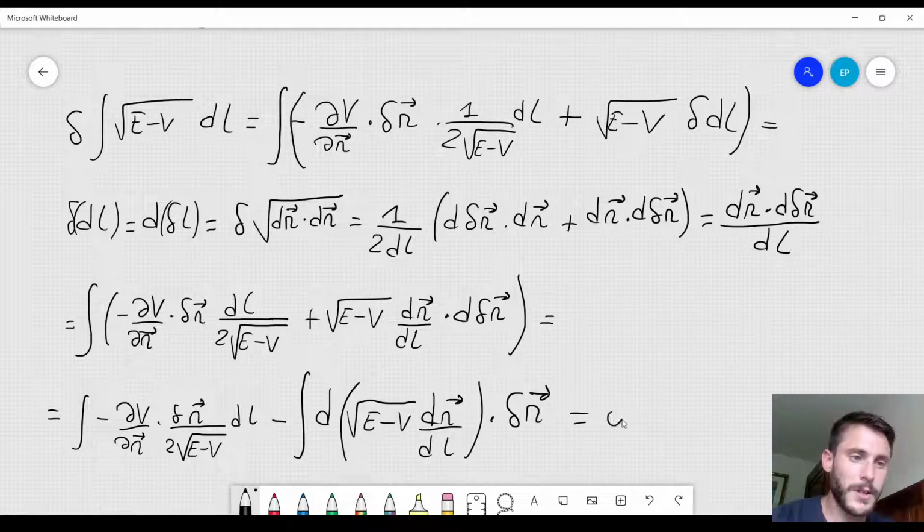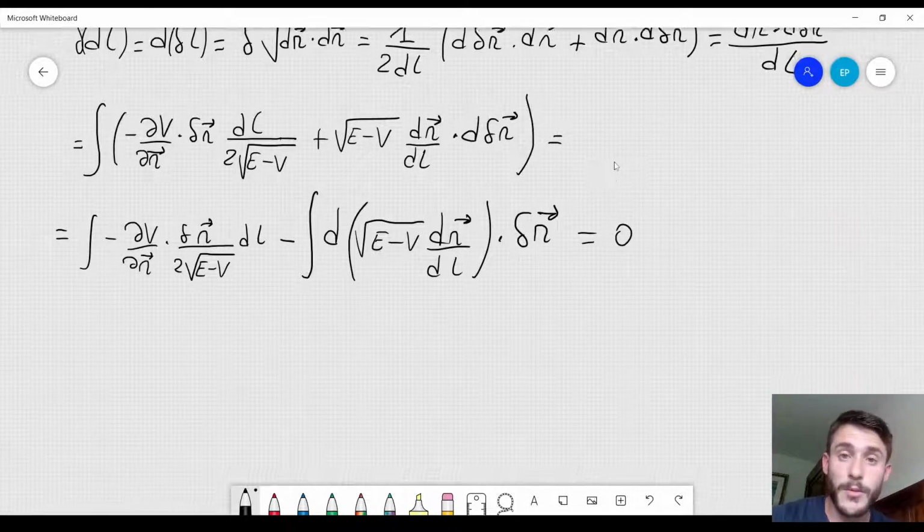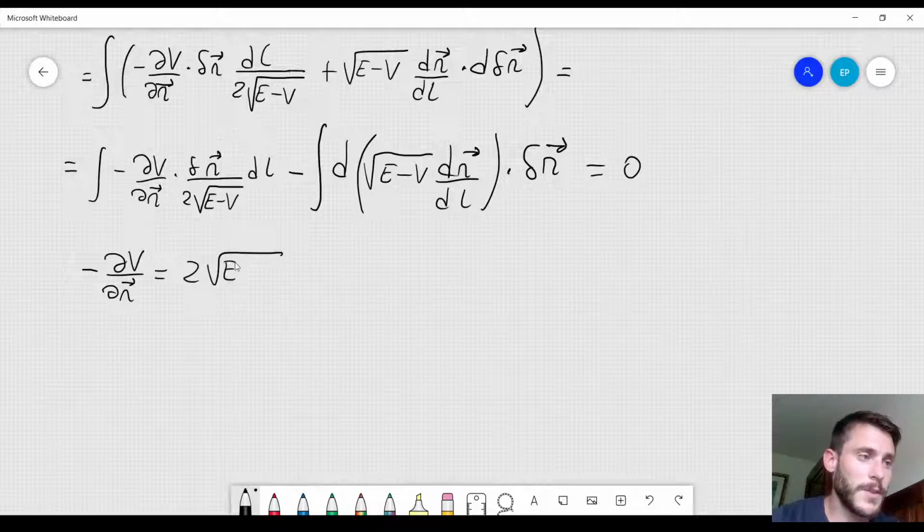And this must be set equal to 0. But now, since the variations are all independent and arbitrary, the term that multiplies the variation of r can be set equal to 0. So we get that minus dV over dr is equal to 2 square root of (E minus V) d over dl of square root of (E minus V) dr over dl.